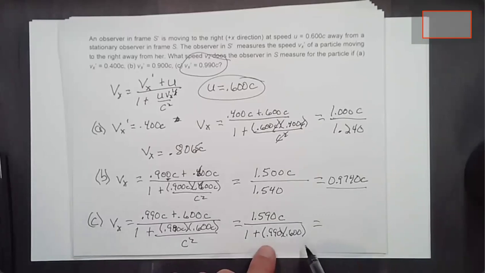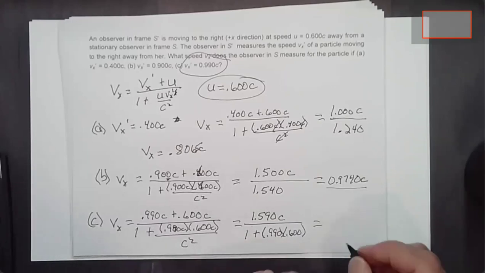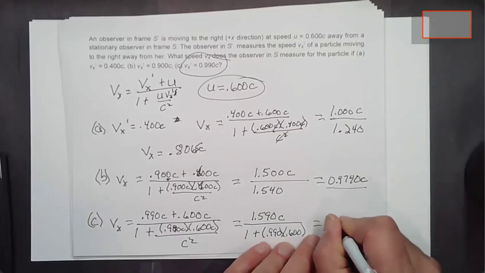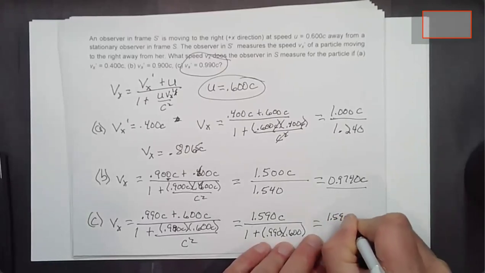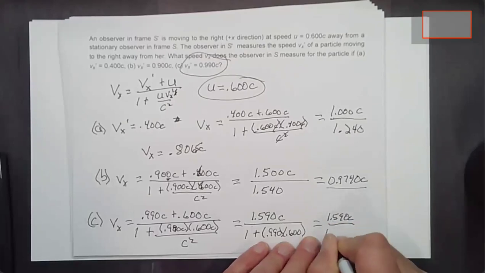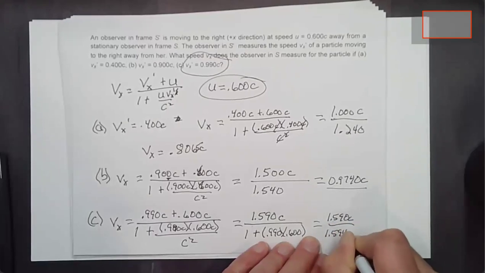This bottom down here ends up being 1.594. So we'll have 1.590 c divided by 1.594.